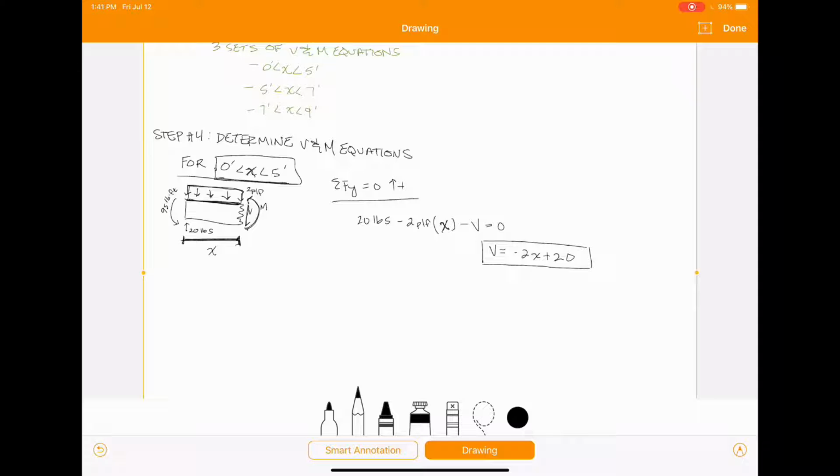That's our equation for shear. Now we can do our sum of moments equation. Again, I always like to take the sum of moments about the cut surface. So about x equals 0, pick a direction as positive.